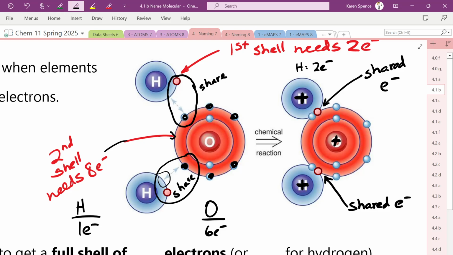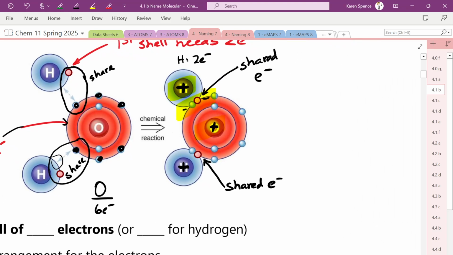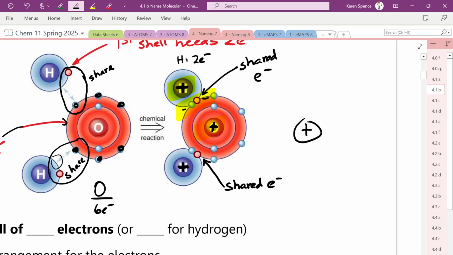What charge are electrons? Negative. Electrons are negative. And so what we have now is negative charges in between positive charges. So if I put a positive here, and I put 2 negatives here, and I put a positive here, is that going to stick nicely? What does positive do to negative?